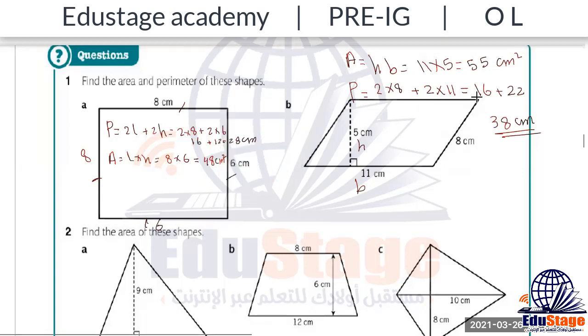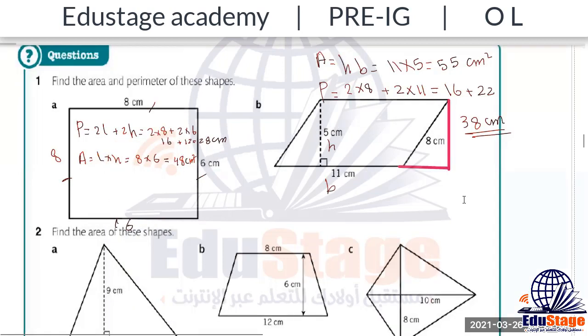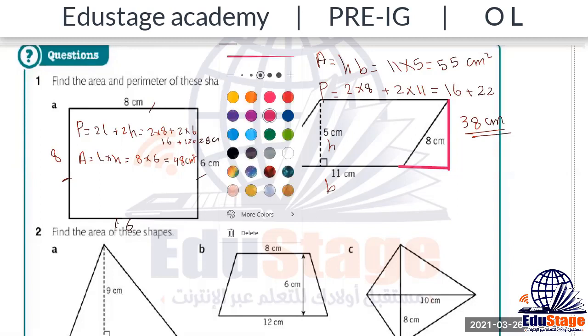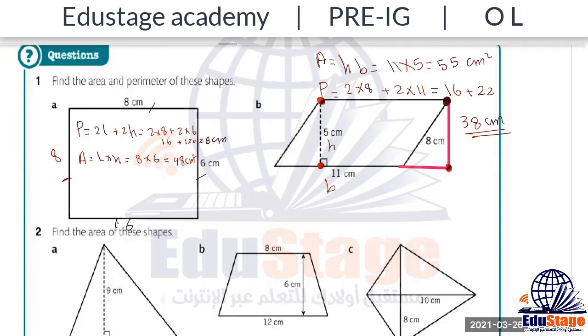Here we go. I can complete this to make it like a rectangle for you. You see this rectangle now? If I call it A, B, C, D, what is the area of this rectangle?